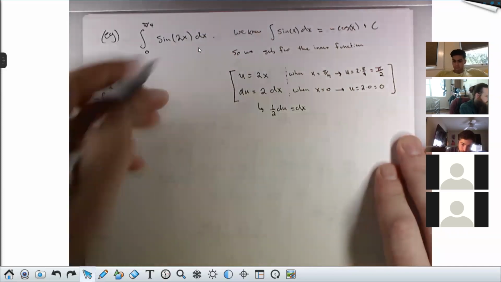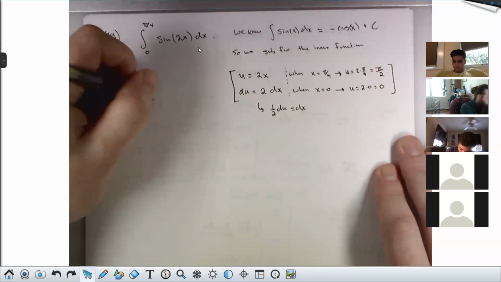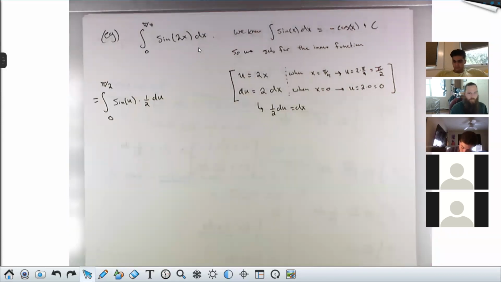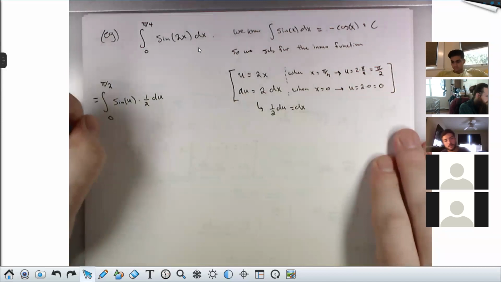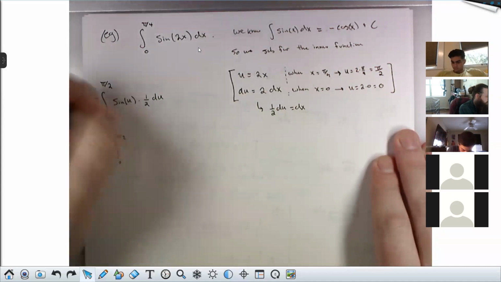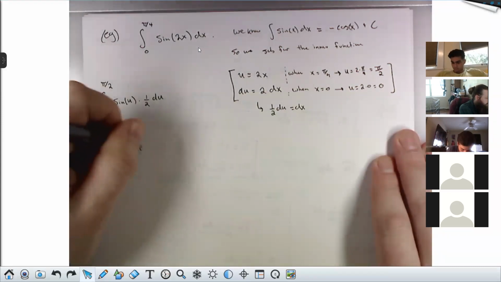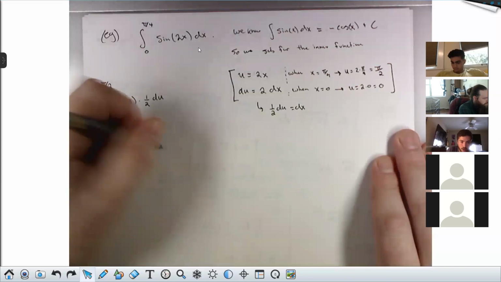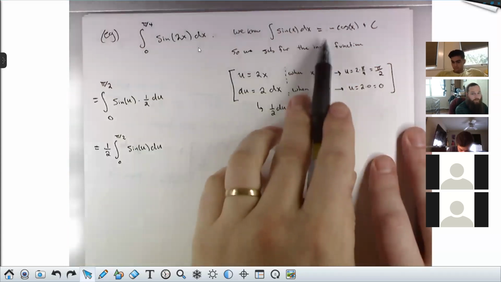Dx is 1/2 du. And since that 1/2 really is just a constant, it can come out of the integral. If it were not a constant, if it had any x's in it or any variables in it, it could not come out. But 1/2 is a constant. So this becomes 1/2 integral 0 to pi over 2 sine of u du. And now I can lean on this fact over here.